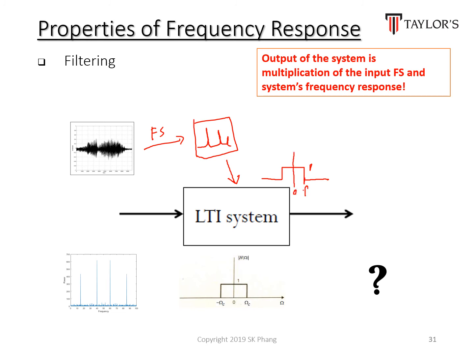So let me say this is FC, the cutoff frequency. So this block, later on you will learn that this is called a low pass filter. This filter has an amplitude of 1 when it's low frequency from 0 to Fc, and beyond Fc is amplitude of 0.